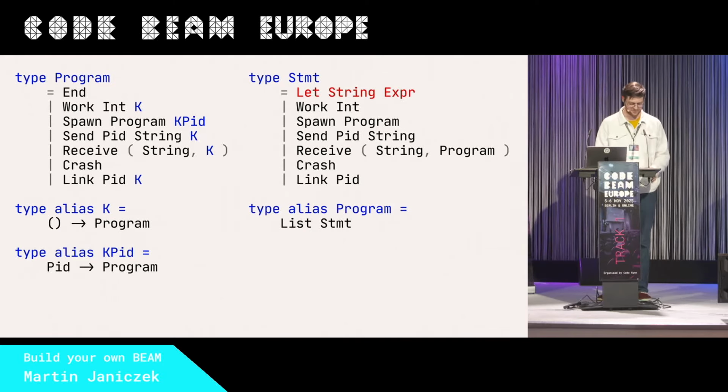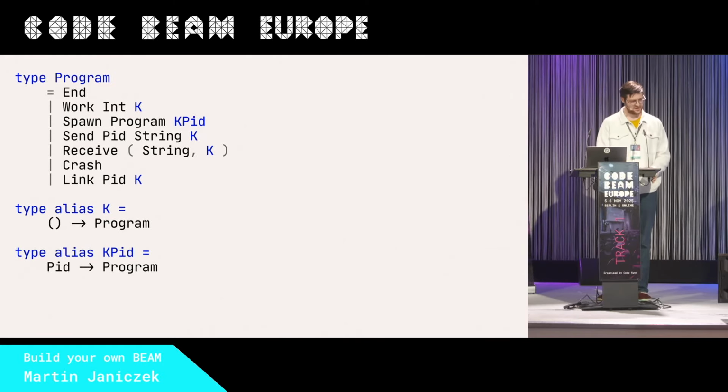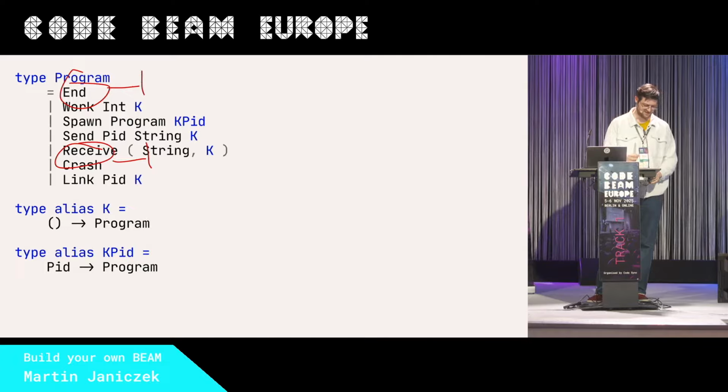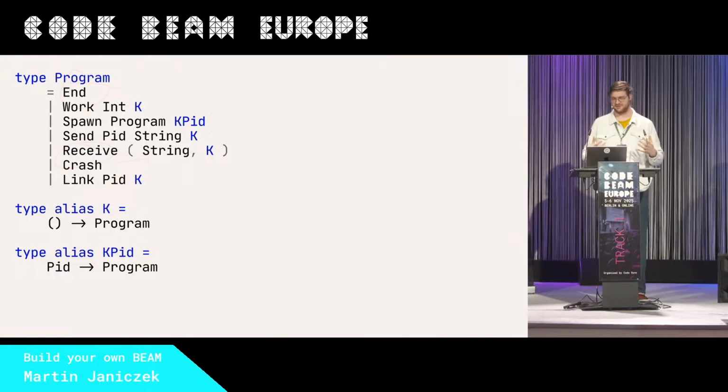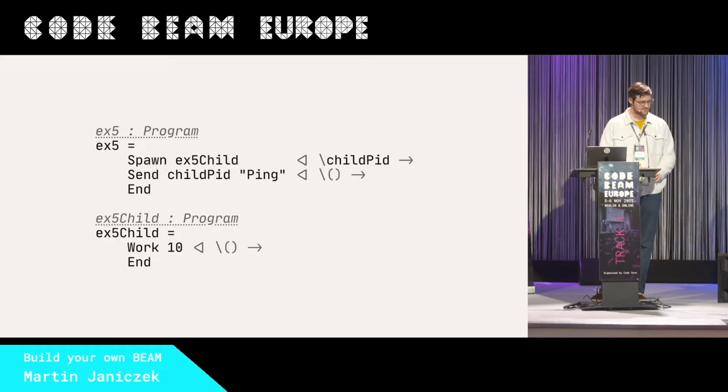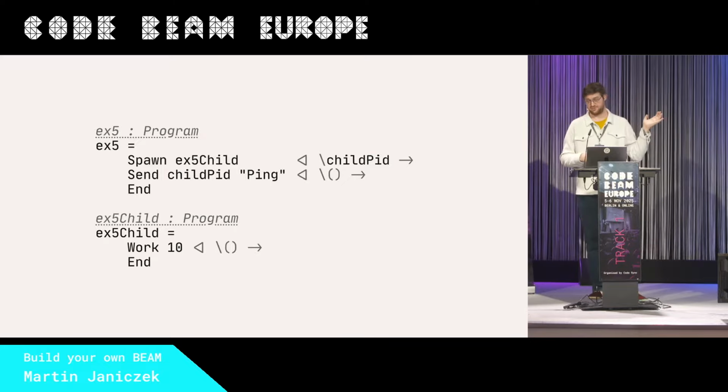Instead, I want to do things with continuations. There are terminal nodes that end and crash, where you just stop the program, but all the other ones have a continuation, which is just a function that will give you the rest of the program.